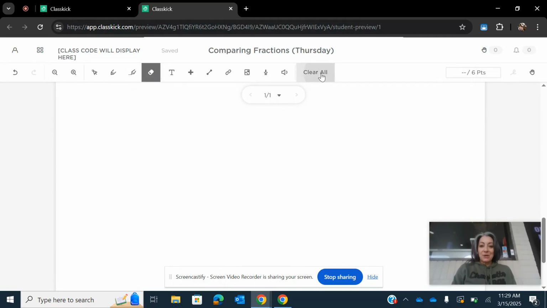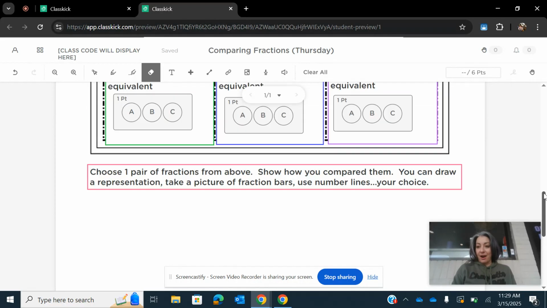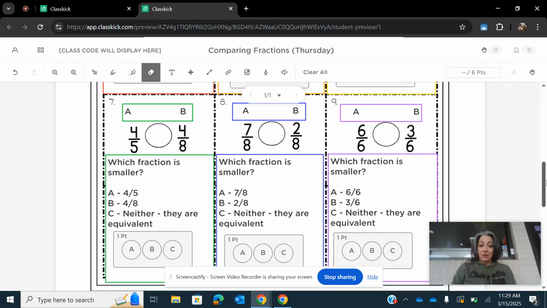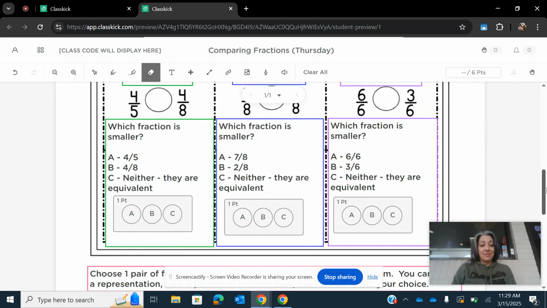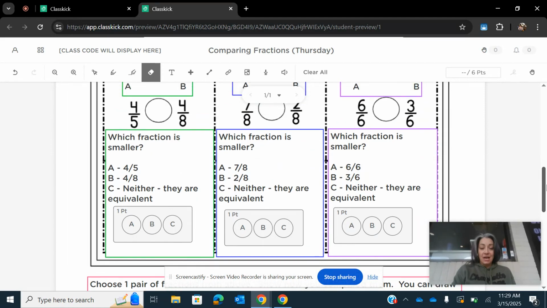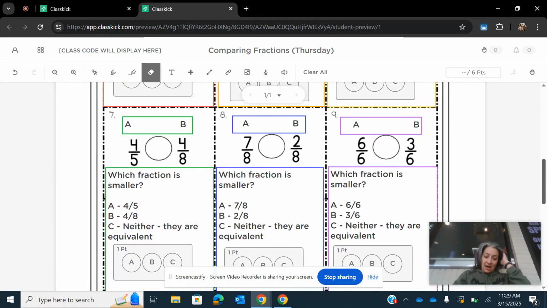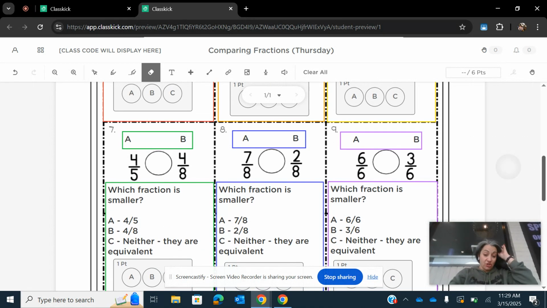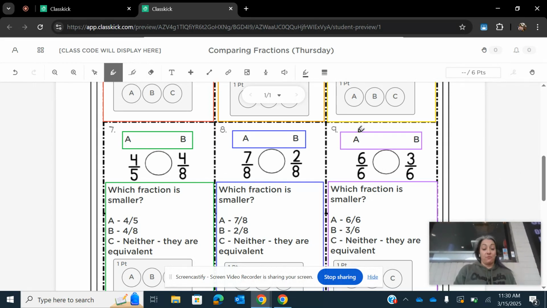All right, so we'll also take a look at comparing fractions with the same numerator. There is a little trick to figuring it out, but the easiest thing to do, if you're not sure, is to draw it out, okay? So let's take a look at this one, 4/5 and 4/8.